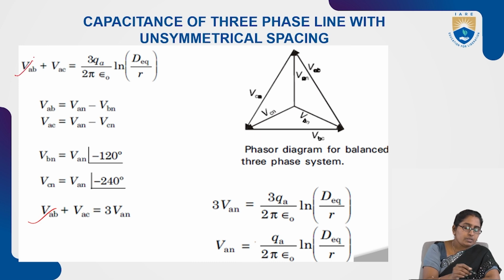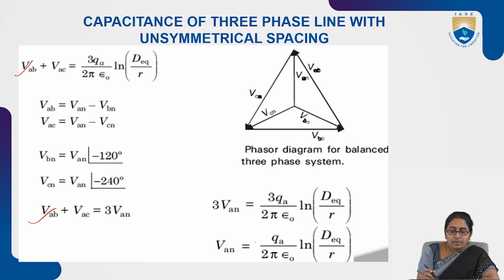Now, from these two equations, on the right side terms we equate both: 3 VAN is equal to 3 QA by 2 pi epsilon log of D equivalent by r. Okay, 3 gets cancelled. Finally, VAN is given by QA by 2 pi epsilon log of capital D equivalent by r smaller.